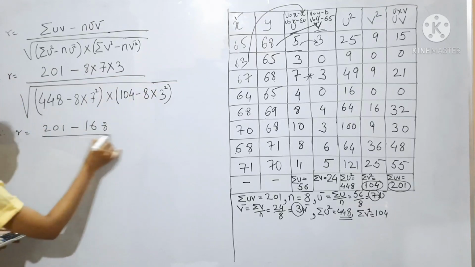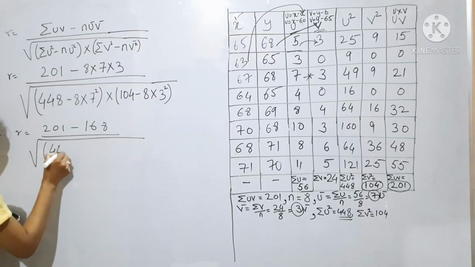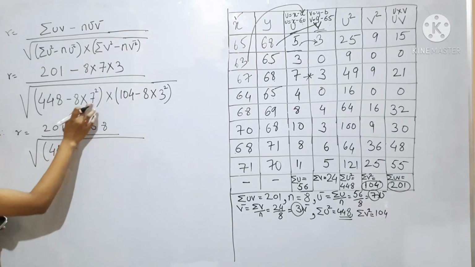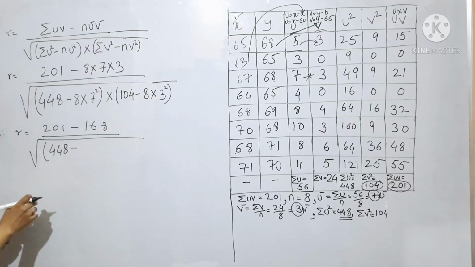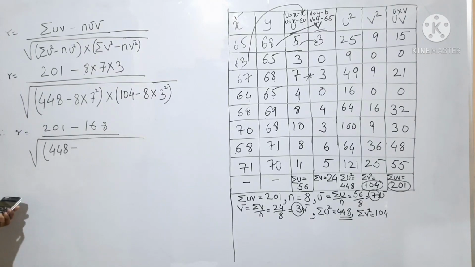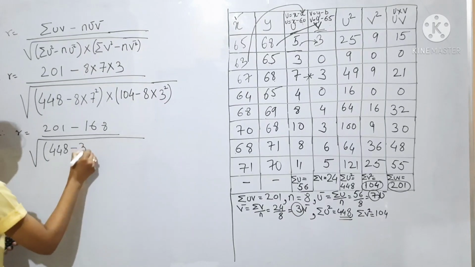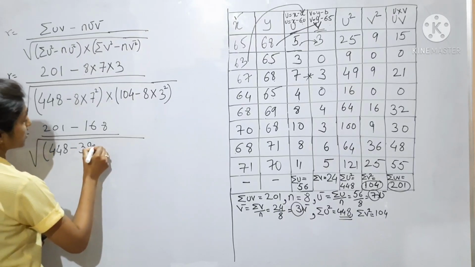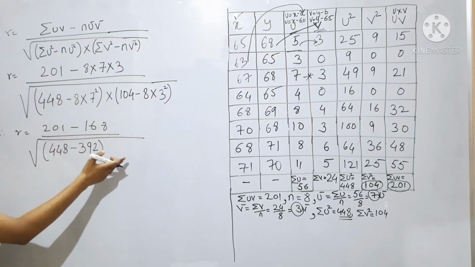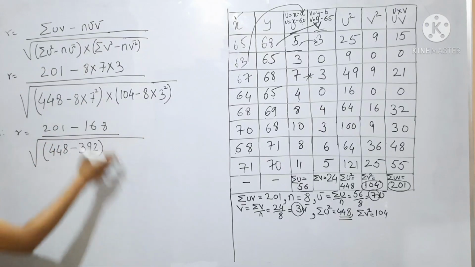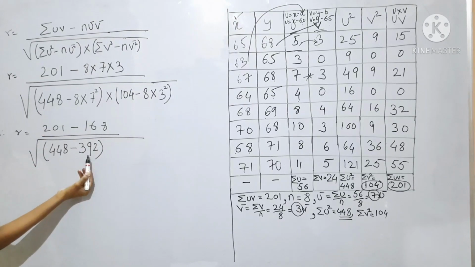Next, square of 7 is 49. 49 multiply by 8 is 392. So whatever answer I got by square of 7, that is 49, I have multiplied it by 8 and I have got 392.